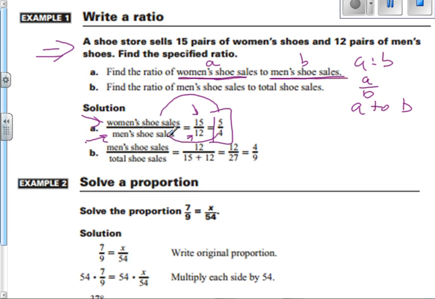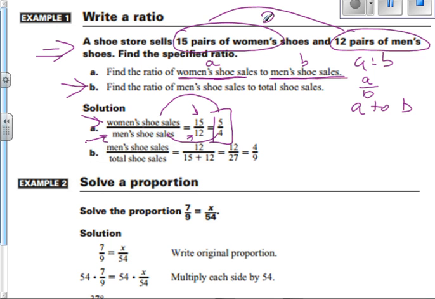If I look at this second ratio, B, right here, it says find the ratio of men's shoe sales to total. That's typical. You will see this word total a lot. Well, you had 15 women's and you had 12 men's, so what is that total? That total is 27.